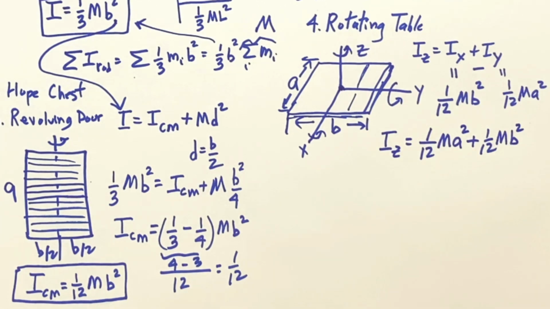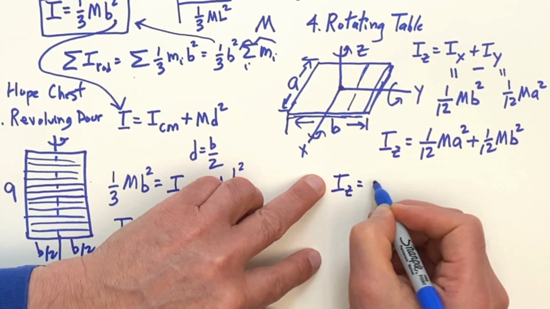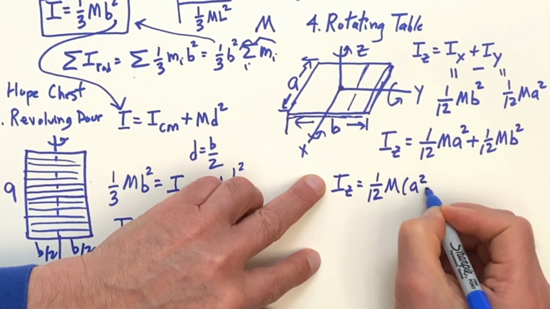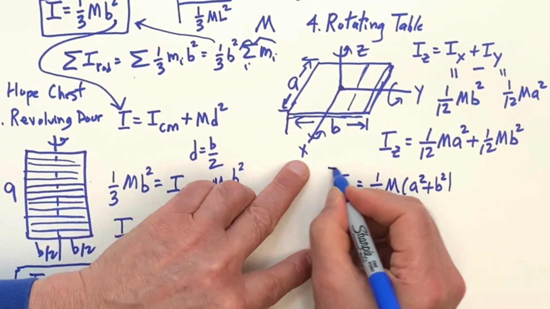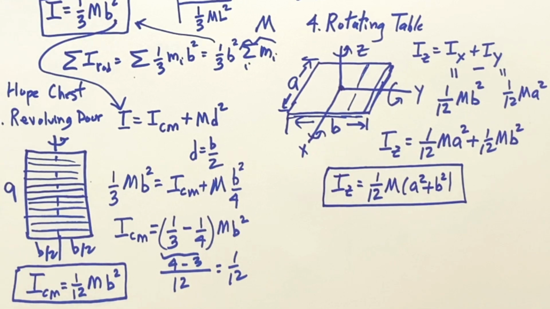Very, very nice. And we can factor out the common terms and have 1/12 m (a squared plus b squared). And that's the rotating table case.